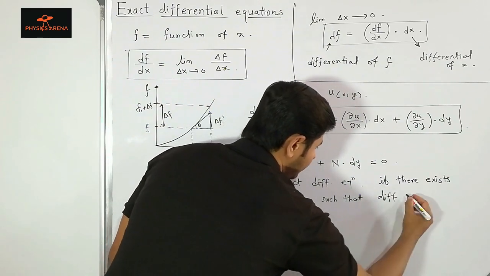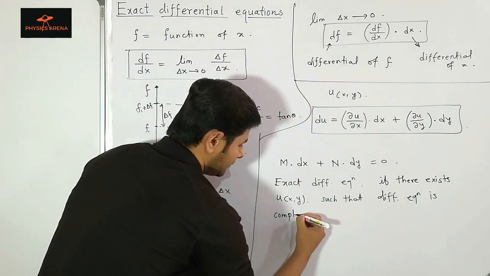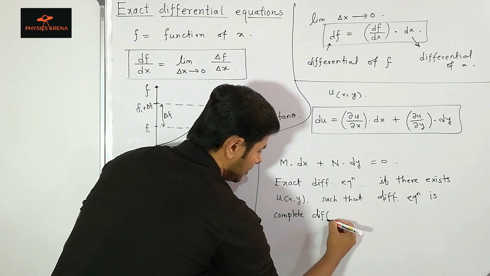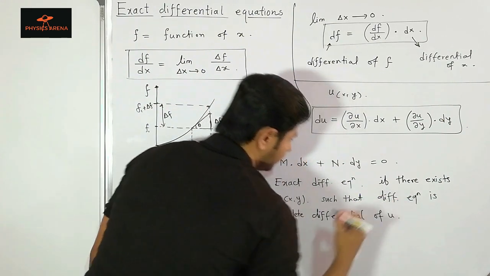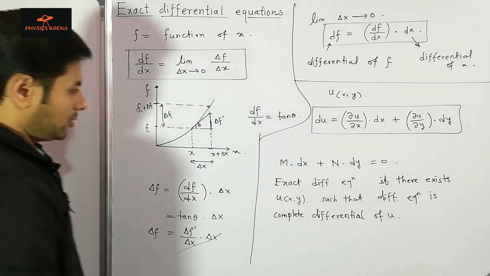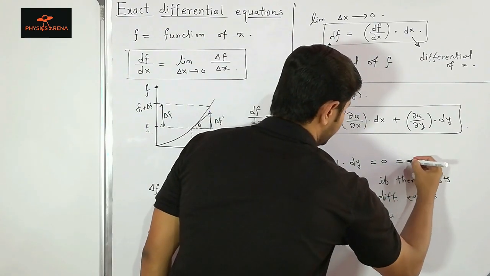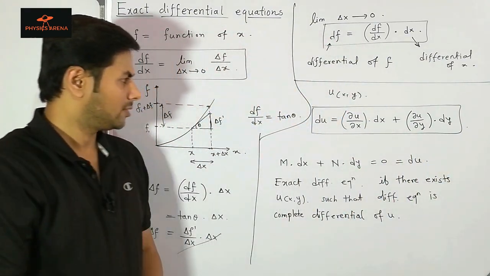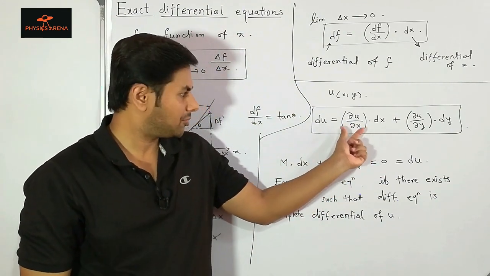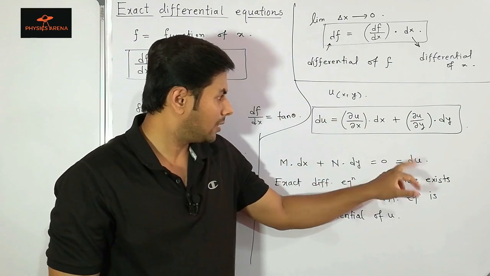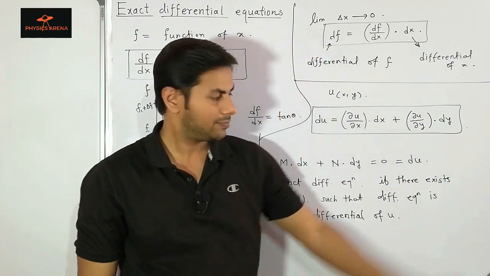It means that M dx plus N dy equals du. But we know that du equals the partial derivative of u with respect to x multiplied by dx plus the partial derivative of u with respect to y multiplied by dy.